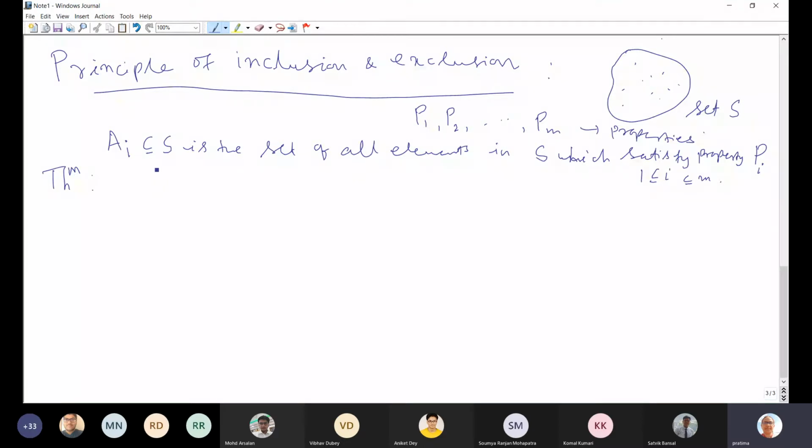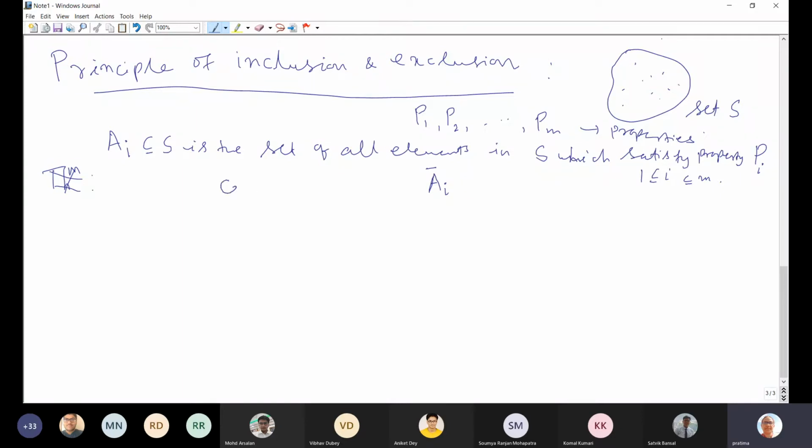Before that, I'll tell you one notation. What does Ai complement mean? This is the complement of Ai.